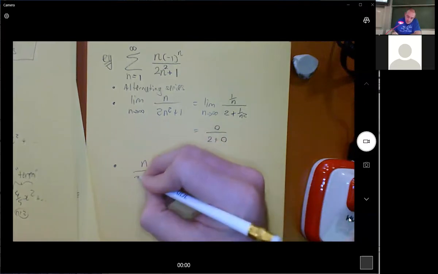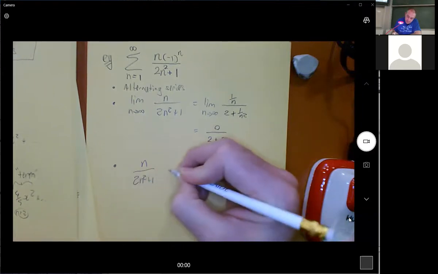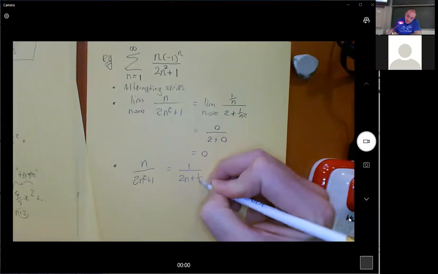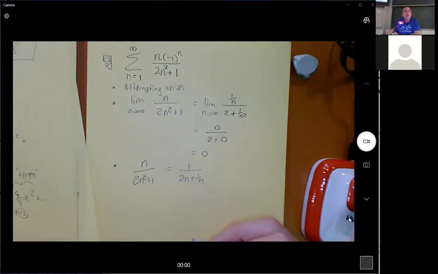So n over 2n squared plus 1 is 1 over 2n plus 1 over n. I've divided the top and bottom by n this time instead of n squared. And that denominator is getting bigger and bigger as n gets bigger. Because it's approximately the same size as 2n. And the 1 over n is getting less and less. And so that's making less of a difference.